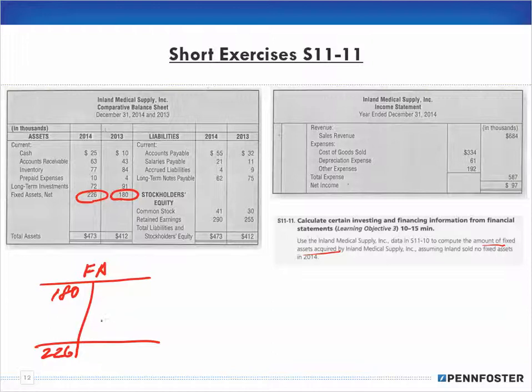If you watched the last video, you know that you don't just take the difference between the two. The reason why is because when you're thinking about fixed assets, we also have to take into consideration depreciation. If we look at our income statement, we see we have a depreciation expense of 61.